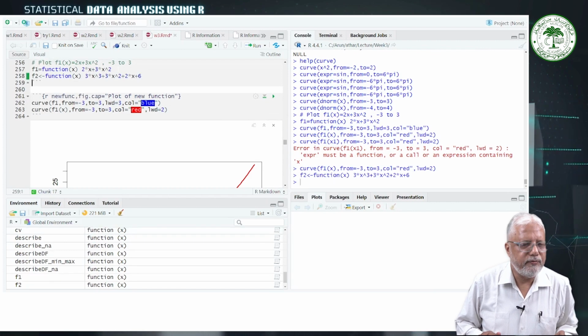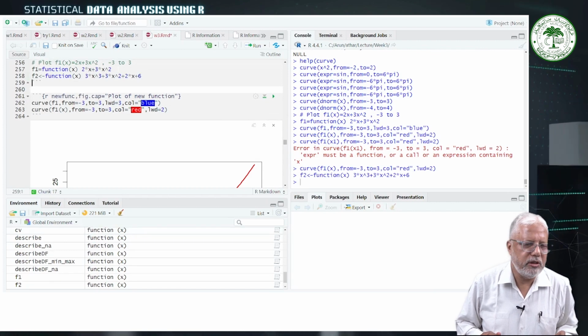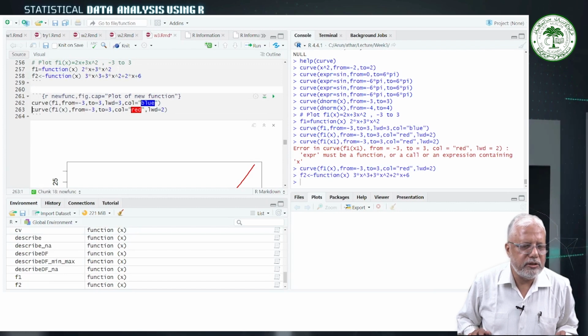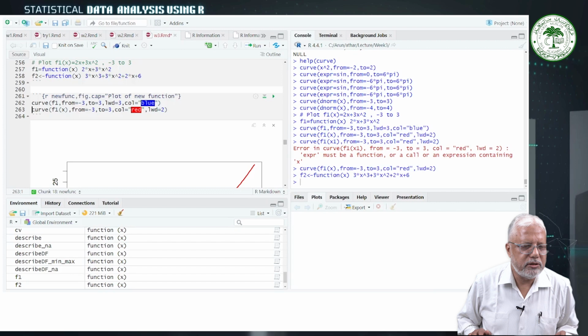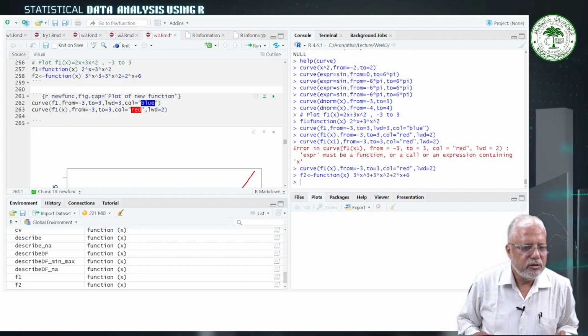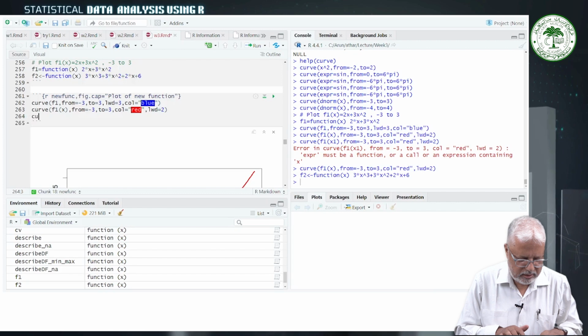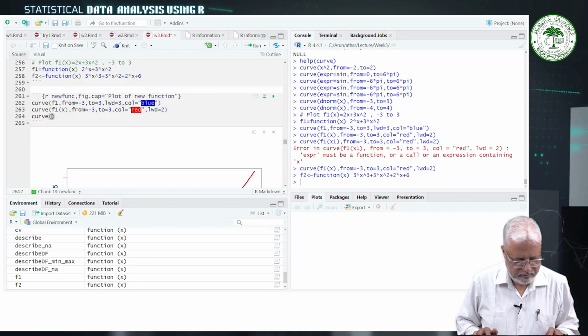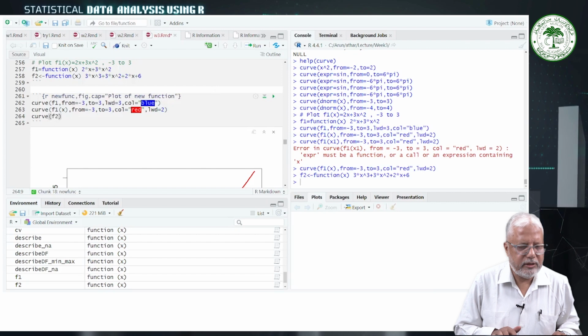So we have defined the function. The function has been successfully defined, and if we want to plot this function in the range of minus 3 to plus 3, we will have to write curve f2(x).